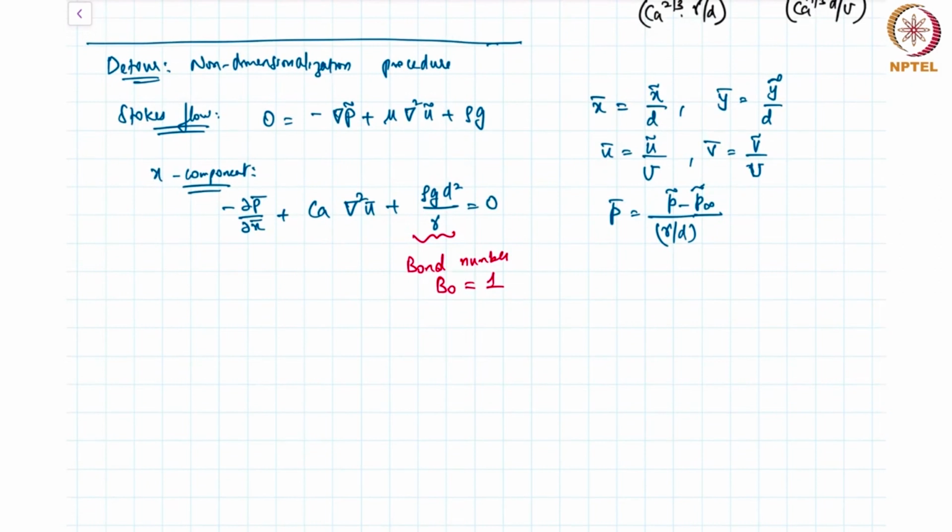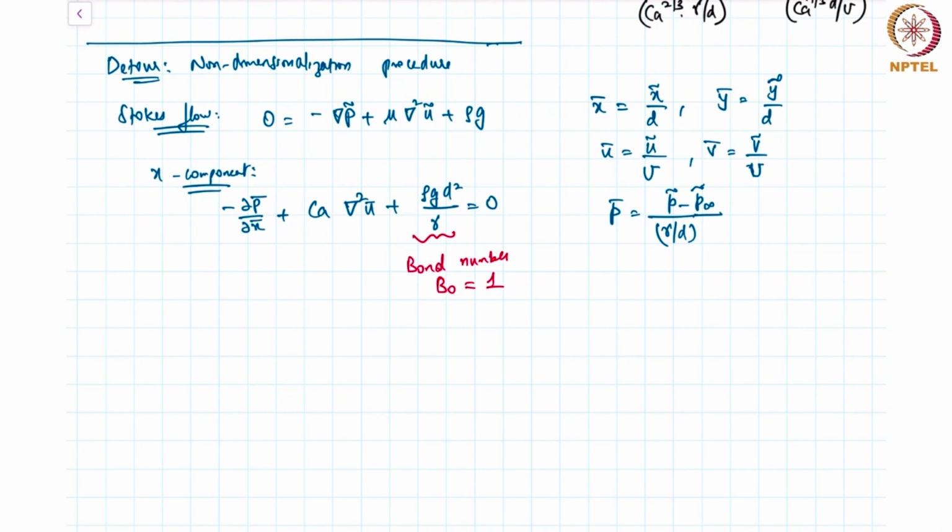That means I'm choosing a thin film of a thickness d such that this quantity rho G d square by gamma is 1, where rho and gamma are material properties. G is something that we can't change. It's fixed by the planet on which you're working, and d is basically the parameter that you can choose. Therefore, I can always choose this parameter to be 1.